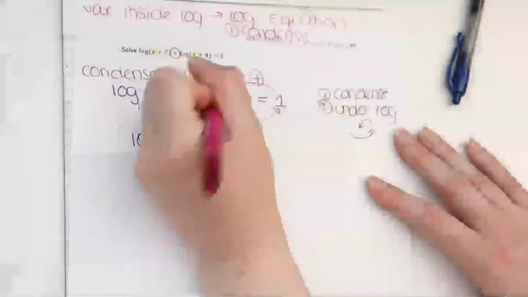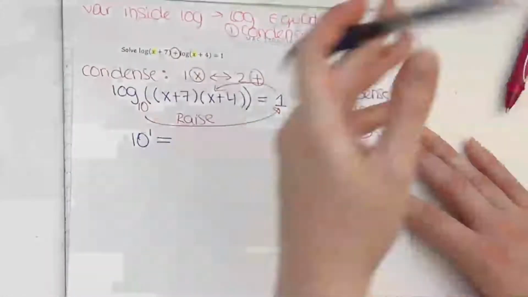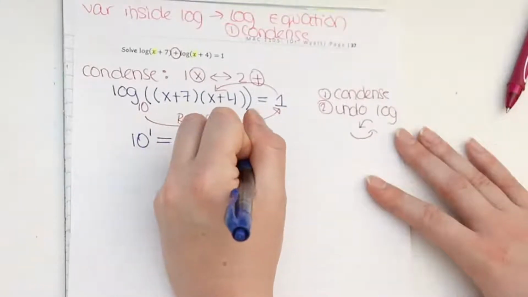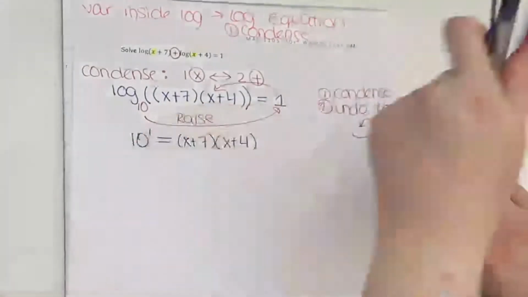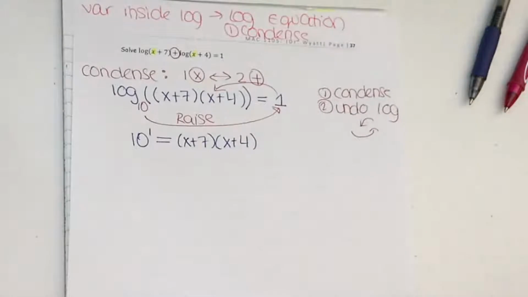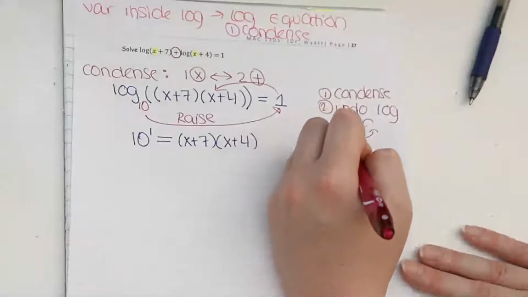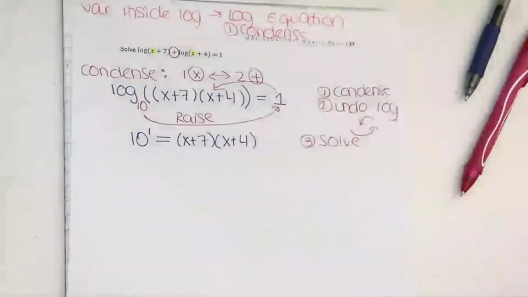So it's going to equal all of that argument, which is x plus 7 times x plus 4. So that effectively gets rid of our logarithm. But now that we've gotten rid of our logarithm, we have to solve that equation. Are there any questions about that?